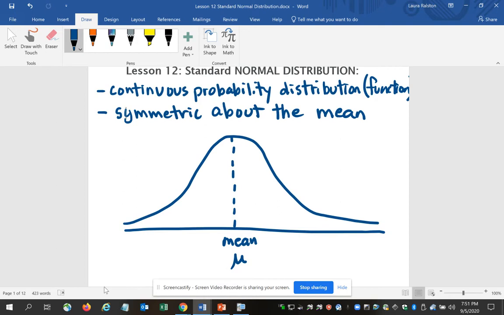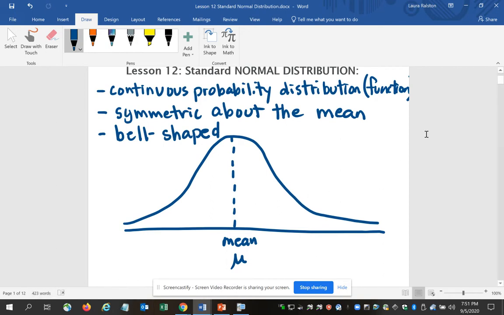That's the idea that it's symmetric. If we could pick this curve up and fold it across that dotted line, which is the mean, you couldn't tell the left side from the right side. And the other characteristic that's important is that it's bell-shaped.